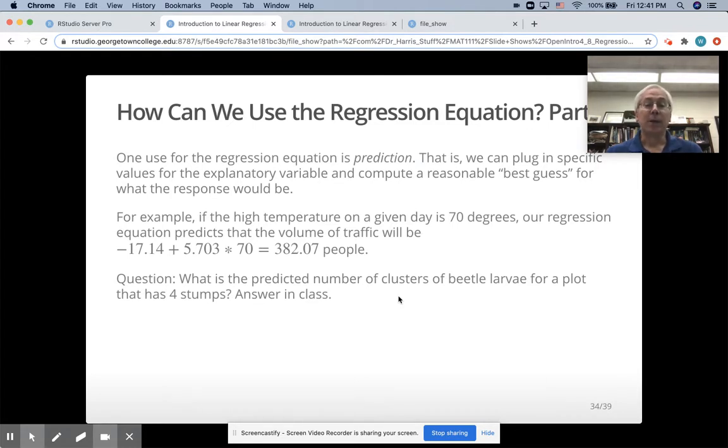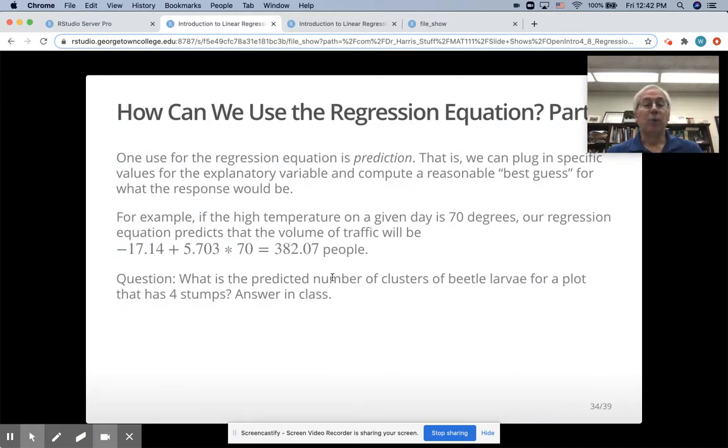So for instance, if I knew that the predicted temperature for the day ahead is going to be 70 degrees Fahrenheit, it's a nice, spring day or mid-fall day, we can use the regression equation to predict how many people we think will show up at Rails to Trails that day. So we would just put it into our equation, negative 17.14 plus 5.703 times 70, and we get 382 people. So we predict 382 people to show up that day.